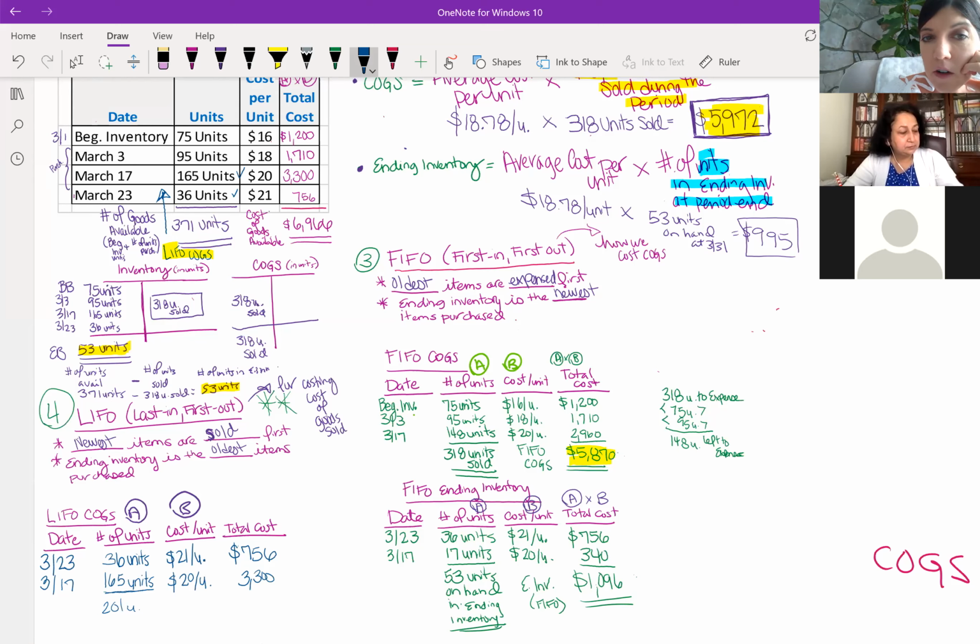Can we have another 95 units to expense? Yes. So I'm just going to erase that. And we're going to expense the March 3rd layer. 95 units at a cost of $18 per unit. So $1,710 is fully expensed under LIFO.